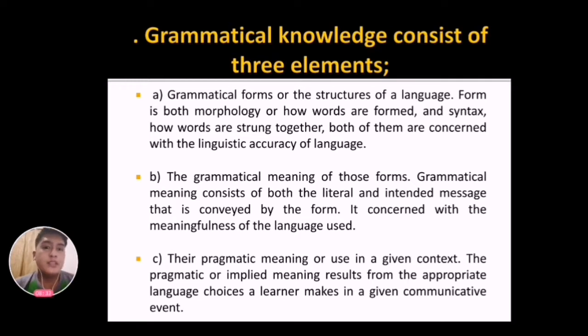So moving onwards to part C, the pragmatic meaning or use in a given context. The pragmatic or implied meaning results from the appropriate language use choices a learner makes in given communicative contexts. So in this part, you as a teacher will give context to how they deliver their performance, and you're going to rate the learner's choice.